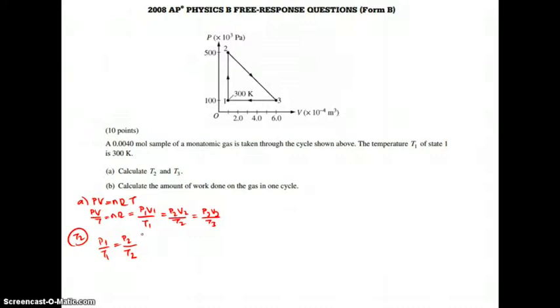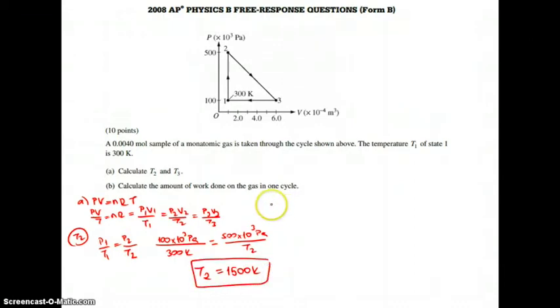And when we substitute the values from the graph, 100 times 10 to the third Pascal over 300 kelvins equals 500 times 10 to the 3 Pascal over T2, and we get T2 equals 1500 kelvins.